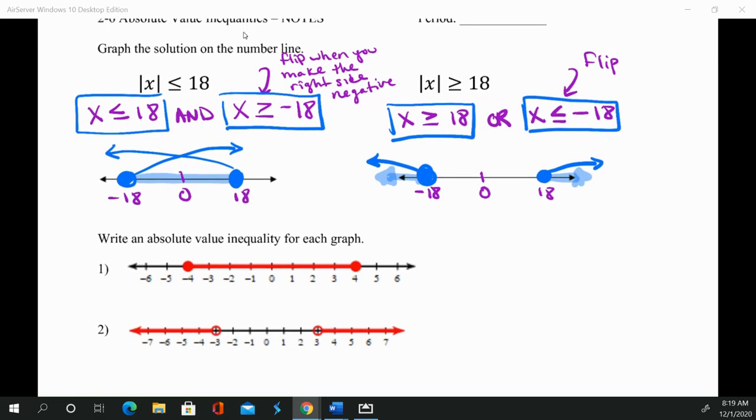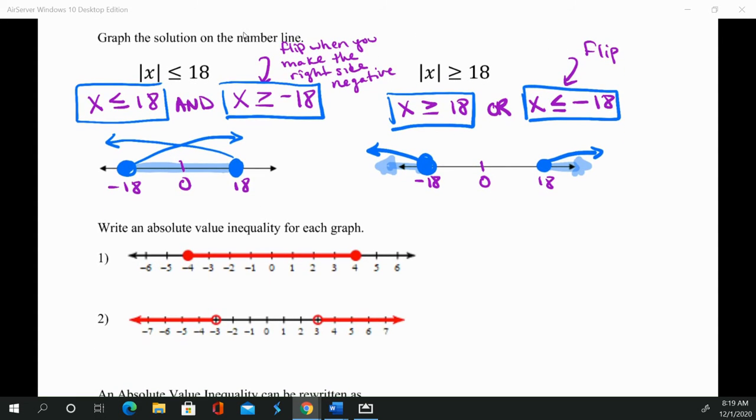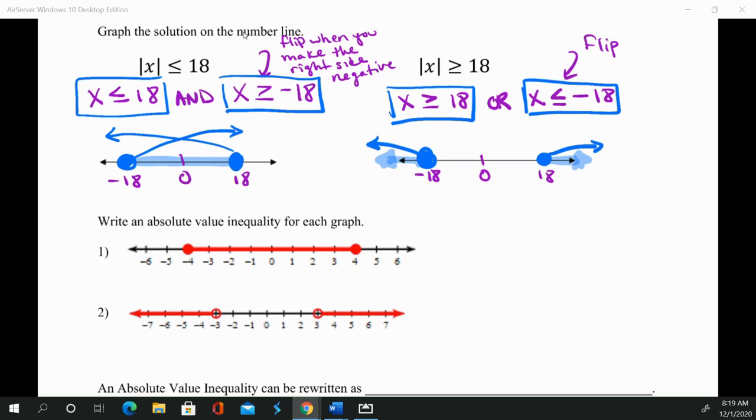Okay, so before we learn those rules, let's now work in reverse. Let's write the inequality from the graph. Remember, absolute value is the distance from 0. So you always want to find the halfway point of these shaded regions.